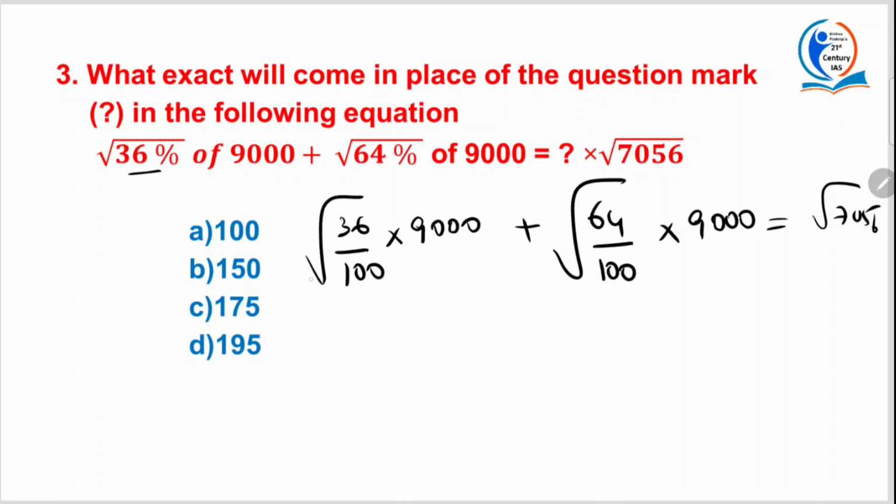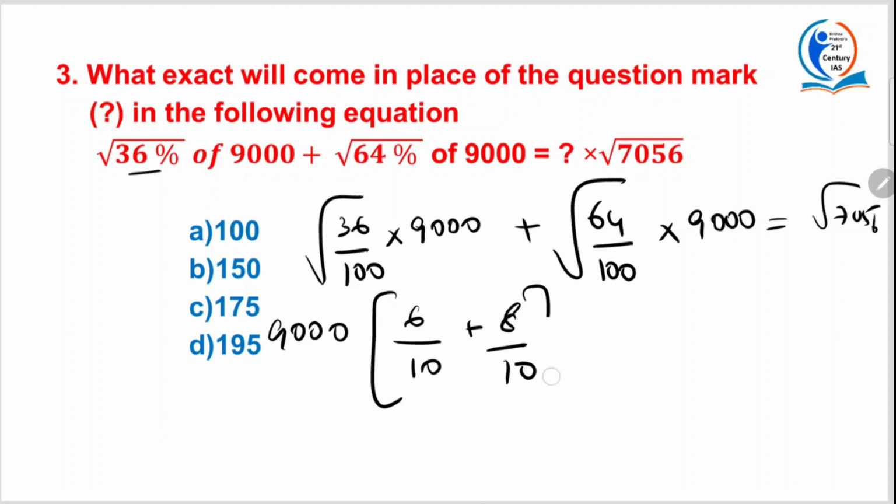Now 9000 you can take common over here. And what is root over 36? It's 6 by 10 plus 8 by 10 is equal to some x into root over 7056.